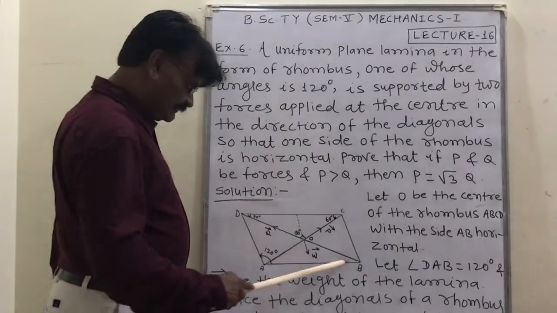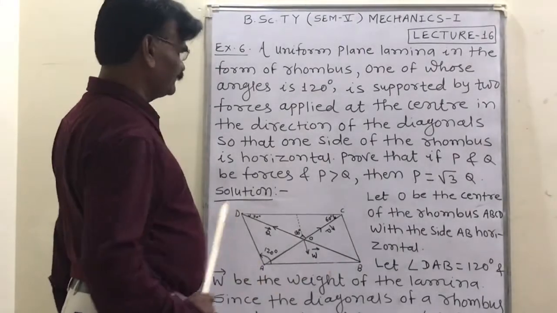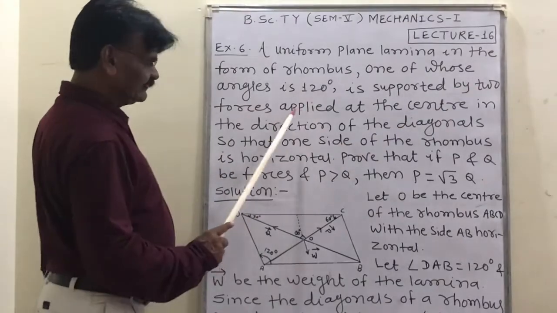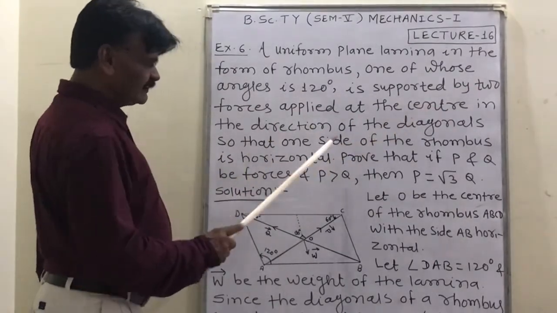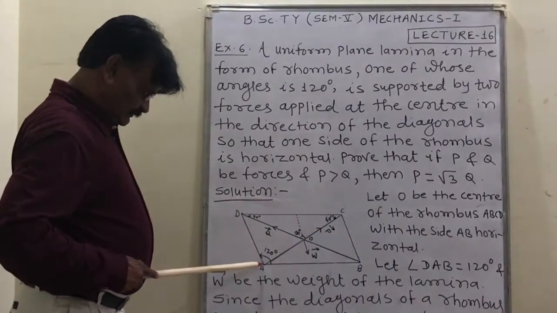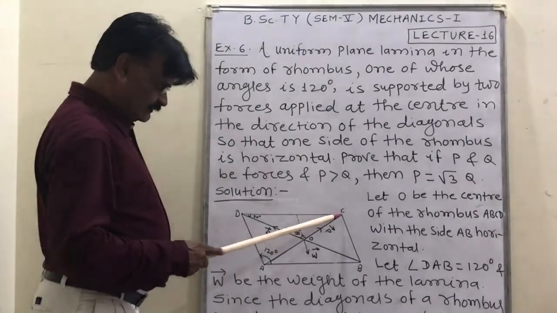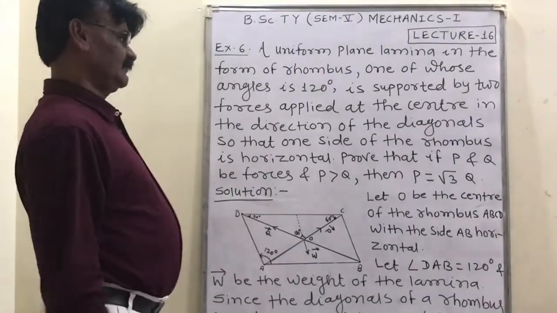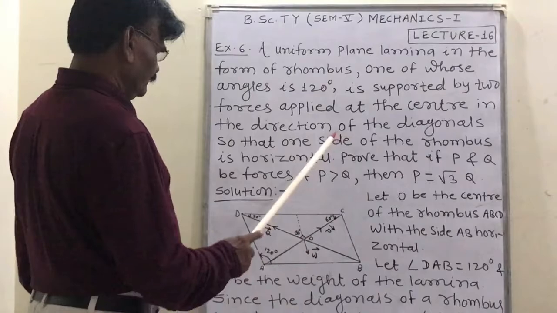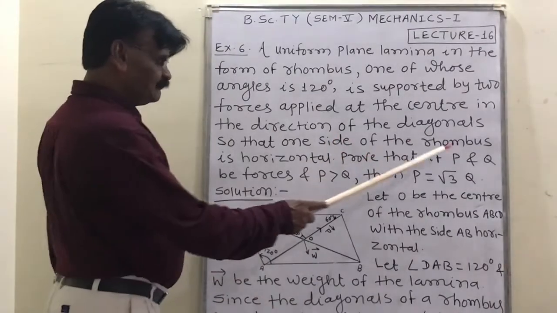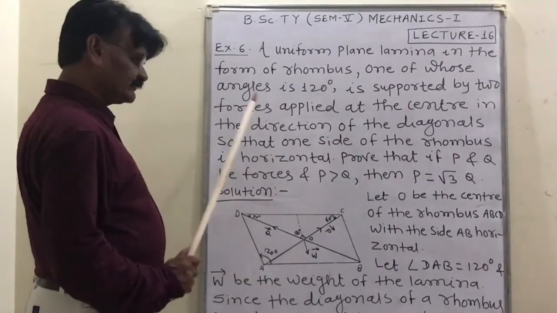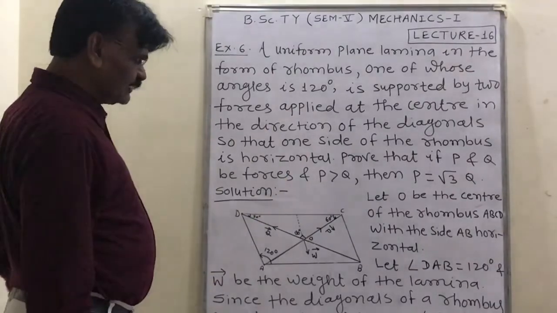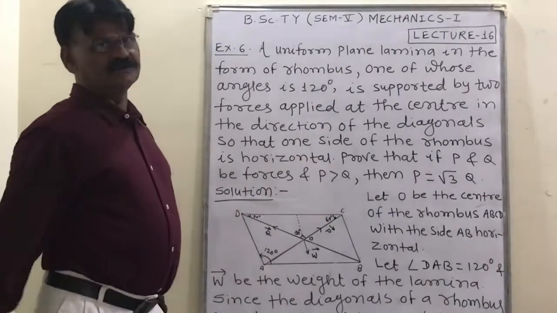One side of the rhombus is horizontal, that is AB. This diagonal is of force P and this diagonal is of force Q. Prove that if P and Q are the forces and P is greater than Q, then P is equal to under root 3 Q.